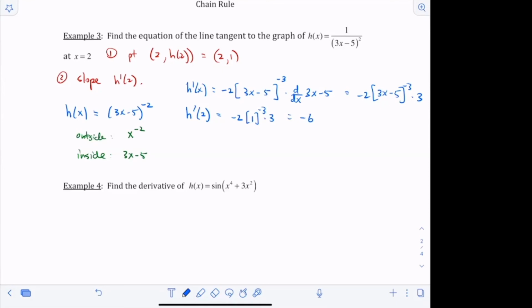So I'm in a good position now to write my equation of the tangent line. That's going to be y minus 1 is equal to negative 6 times x minus 2. And that gives me y minus 1 is equal to negative 6x plus 12. And this gives me y is equal to negative 6x plus 13.